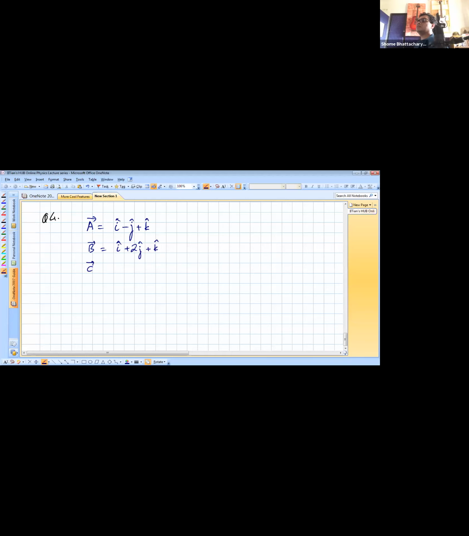And the vector C is, let us say, j cap minus k cap. Now I want you to find the vector A plus B plus C in IJK notation, and the magnitude of A plus B plus C.